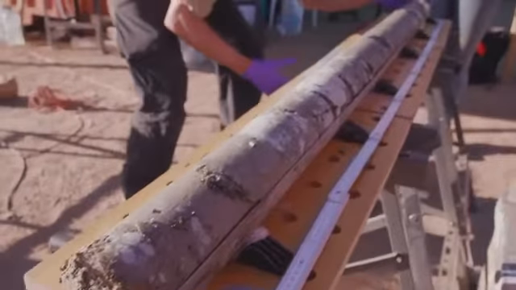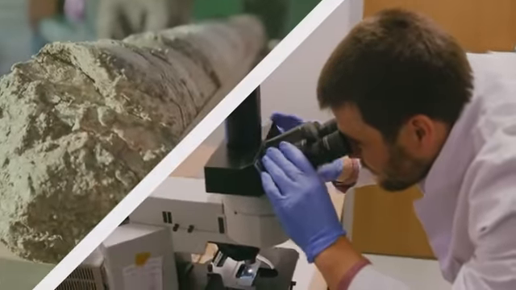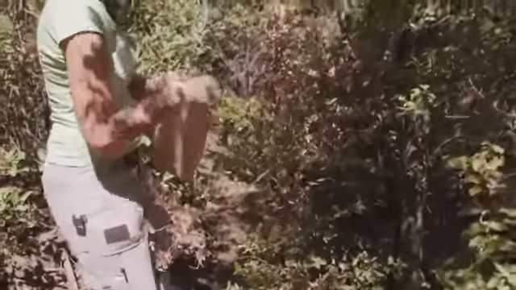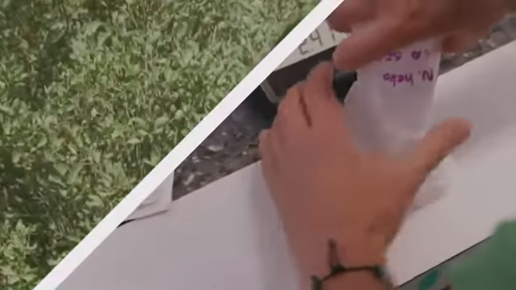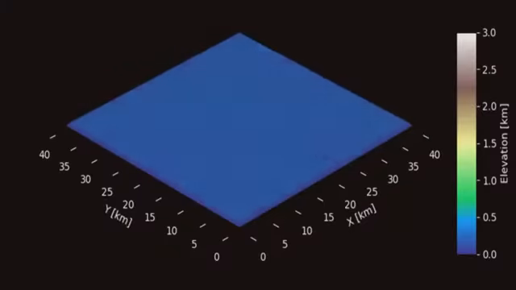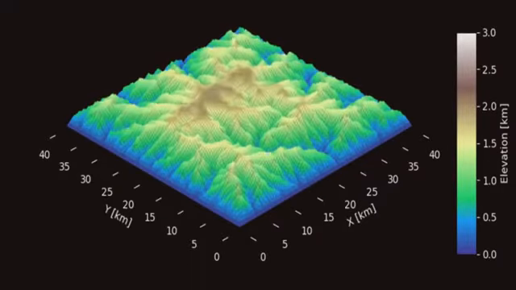Microbiology investigates the microbial communities under the Earth's surface. Plant ecology investigates the relationships between climate and plant diversity. Geomorphology investigates how landscapes form and erode.